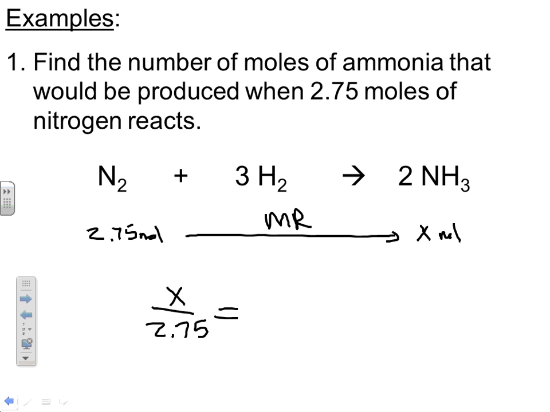Bethany, what do you think? 2 over 1. X over 2.75 is equal to 2 over 1. That's the ratio. Bring it up to the other side, multiply it, and you've got x.